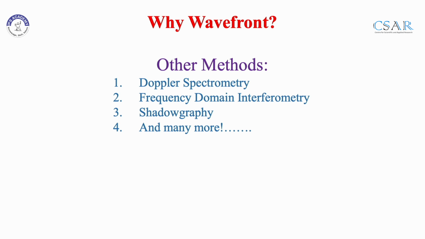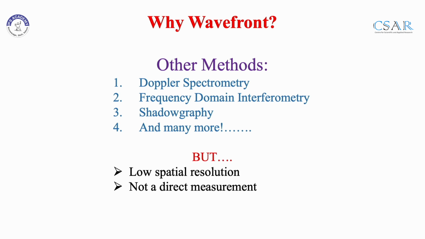But all these measurements have some difficulties. They have very low spatial resolution, like Doppler and FDI measurements. You can measure at a few points, but the plasma is expanding in 3 dimensions, so it's better if we get very good spatial resolution.